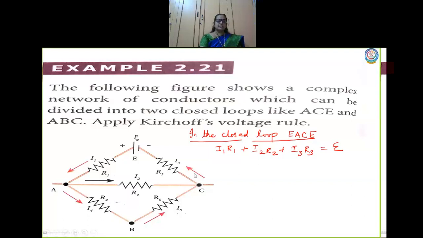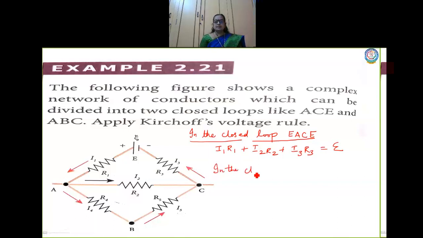Now let us move to the second loop. Which is the second loop? The second loop again starts from here: A, then B, C, and A. So I have taken this as the second loop.